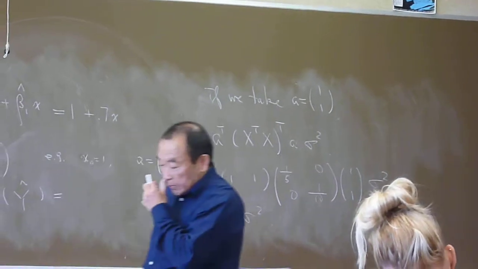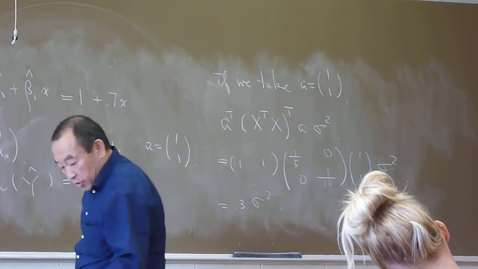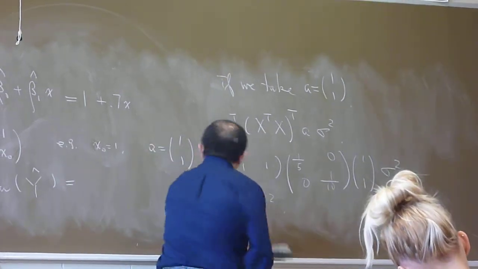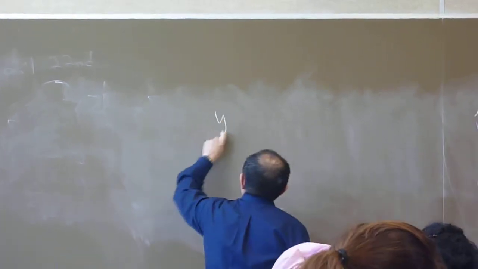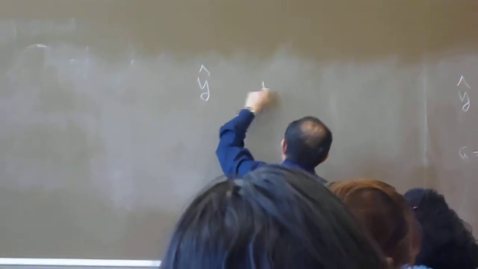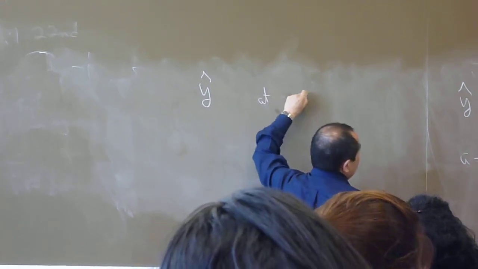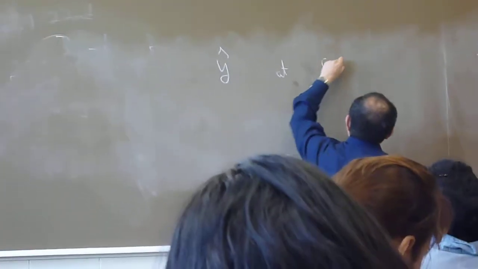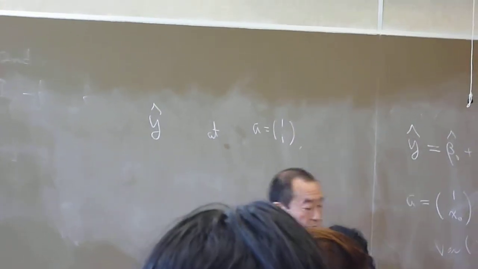So now, in particular, if I want to compute my predicted value, the confidence interval at the point, say, a equal to 1, 1, the confidence interval will be equal to this.